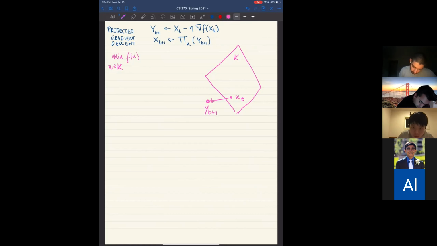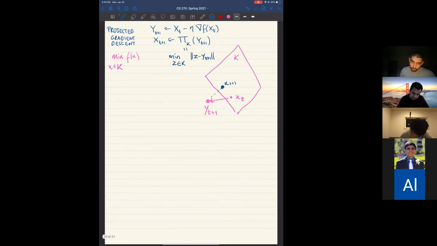And now to get the next iterate, you project back to the convex set, where projection is just minimizing the L2 distance. Find z in the convex set such that the L2 norm of z minus yt plus 1 is minimized. The closest point in L2 distance inside the set. So that's your projection. So each time you add the gradient and then project back to the convex set.